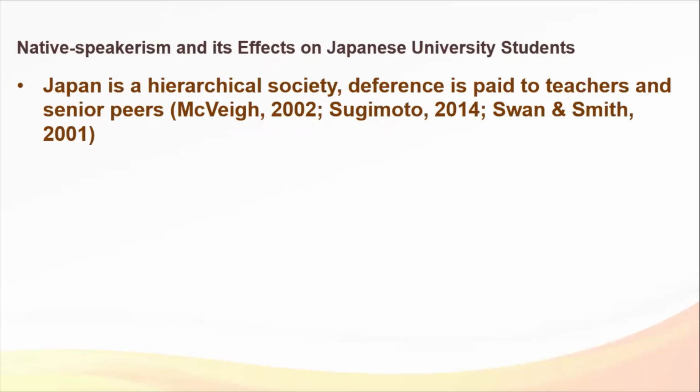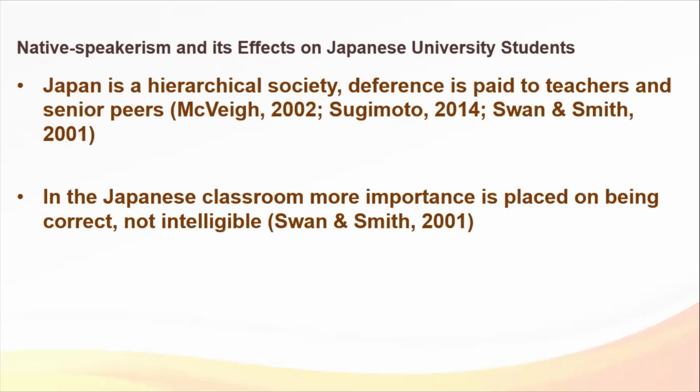It's a much stronger sort of system than we have in other countries. And in the classroom, not just in ELT, but in all classrooms, more importance is placed on being correct. And with English language teaching and learning, not intelligible, being correct.